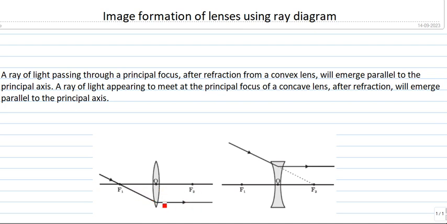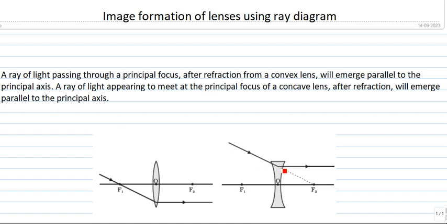Yes, on the other side of the lens it will be parallel to the principal axis. This is for the convex lens. For a concave lens, a ray of light appearing to meet at the principal focus of the concave lens after refraction will emerge parallel to the principal axis. So this is what we have.